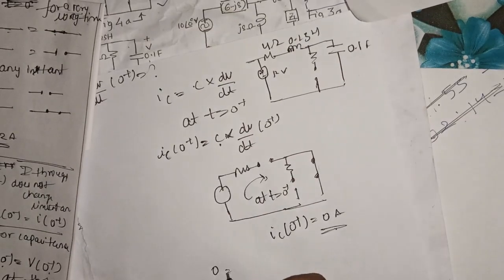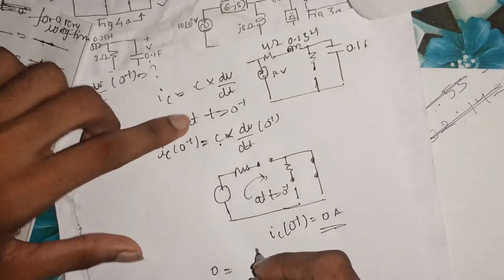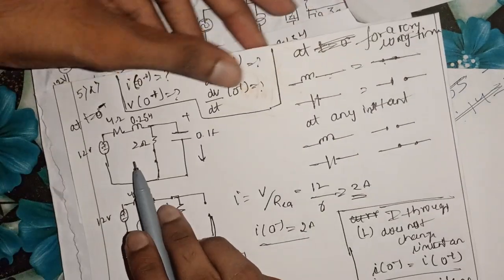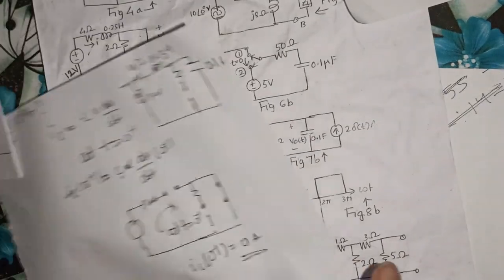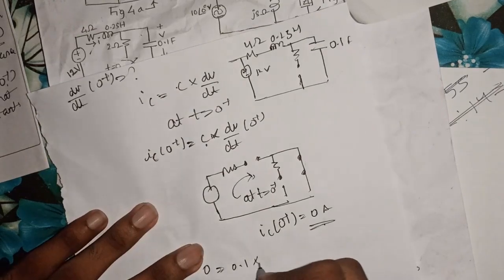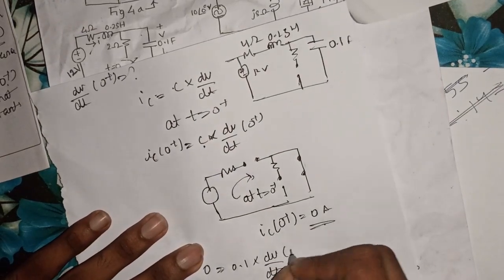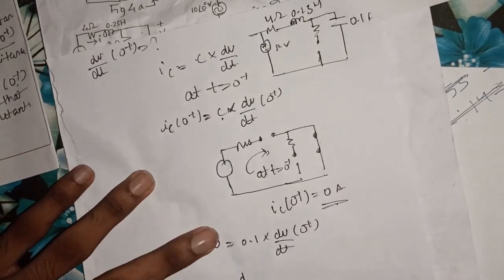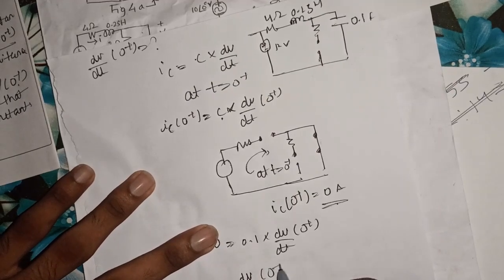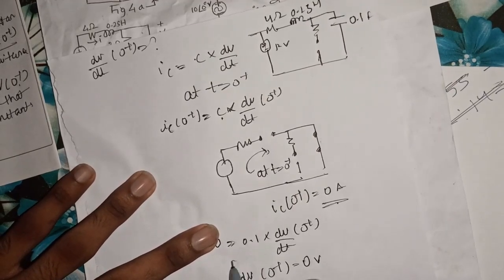So 0 is equal to C, the capacitance value, 0.1 farads, multiplied by dV by dt at 0 plus. So you get dV by dt at 0 plus as 0 volts.